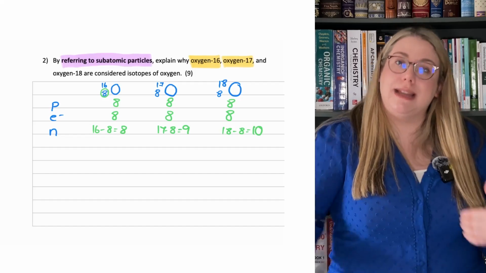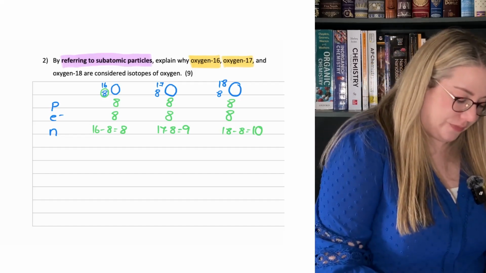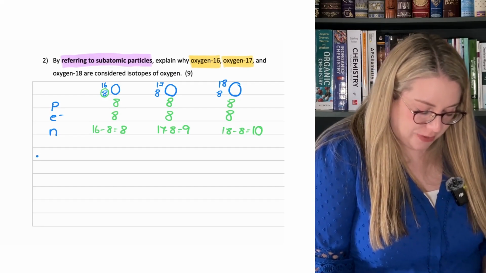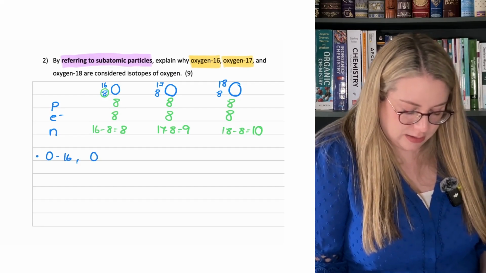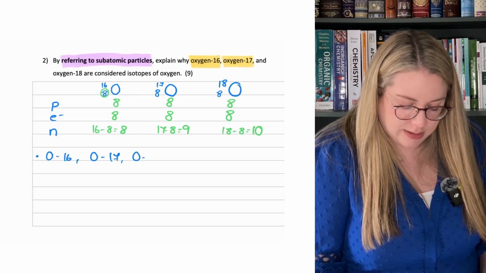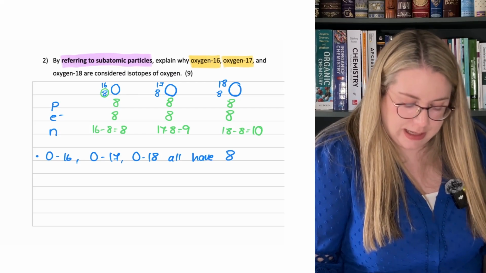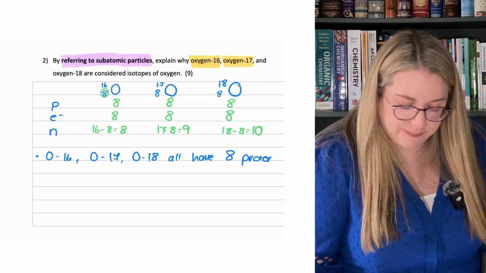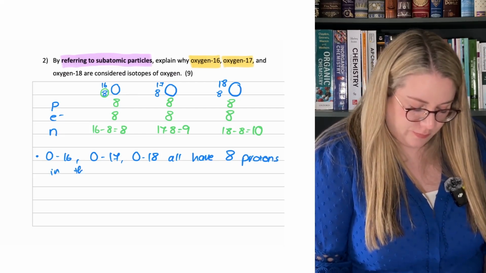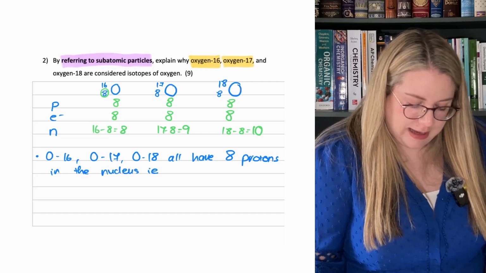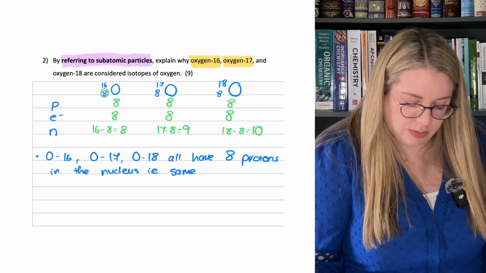Now we need to use that and link it to the definition. So my next point is to say oxygen 16, oxygen 17, and oxygen 18 all have 8 protons in the nucleus, i.e., they have the same atomic number.